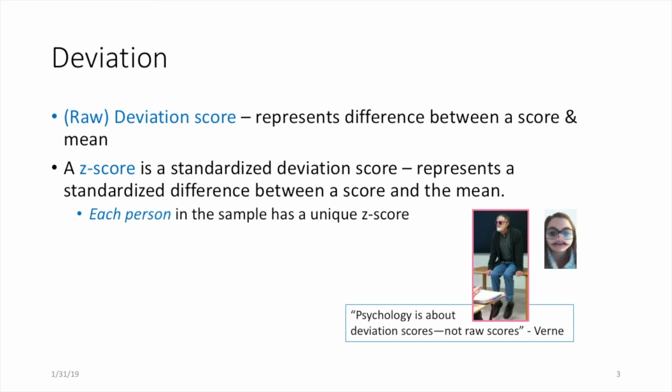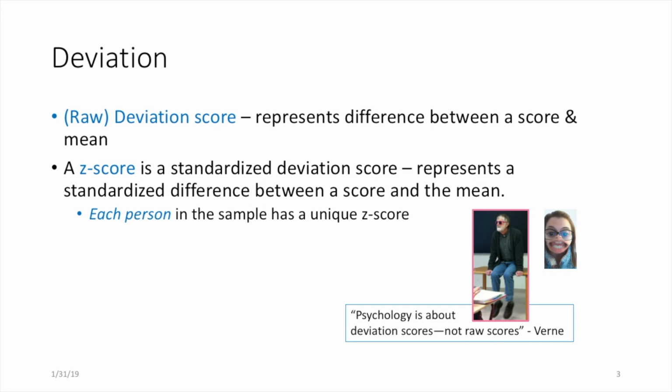So remember on Tuesday, we calculated the standard deviation of the sample. That value is estimating how much the average deviant differed from the average person in the sample. So in other words, it's saying, for those who did differ from the norm, or from the mean, I should say, how different were they on average?